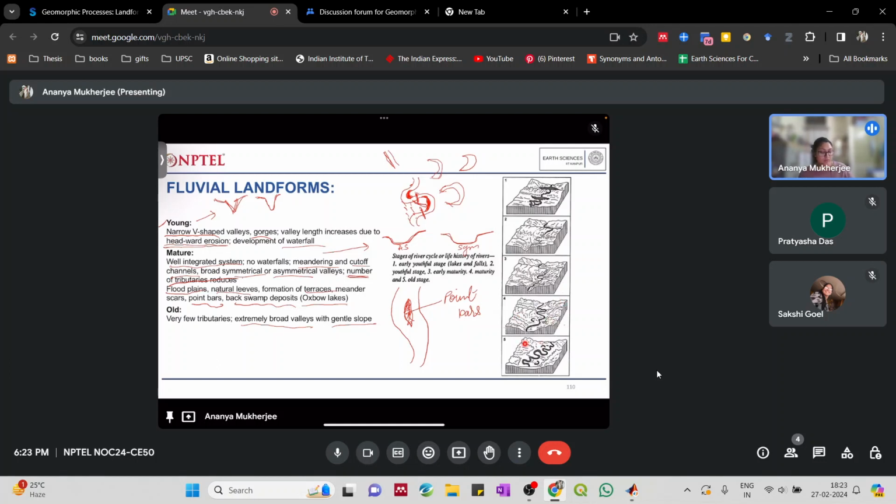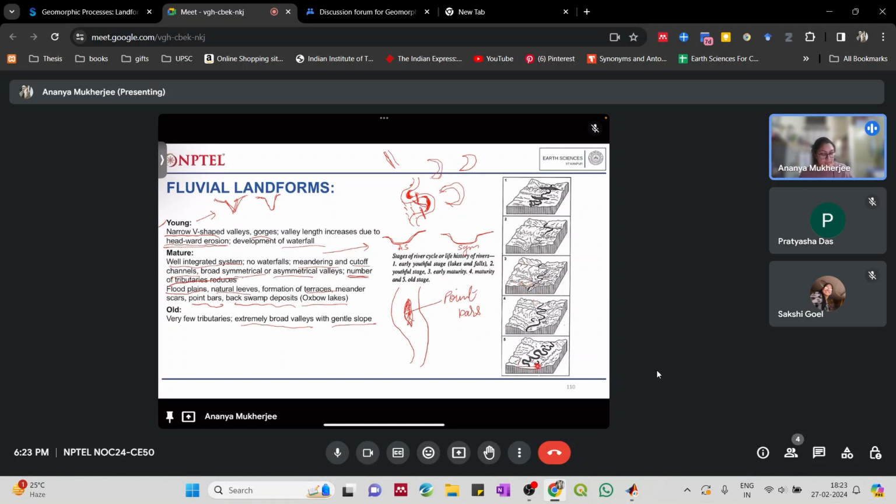And then at the maturity stage, you can see that the basin, the area through which the river is actually flowing, becomes much broader compared to the area it was flowing over in the early matured stage.